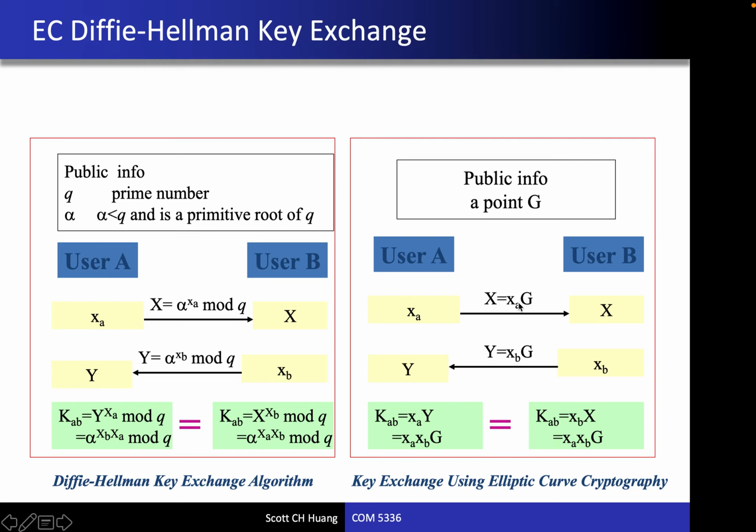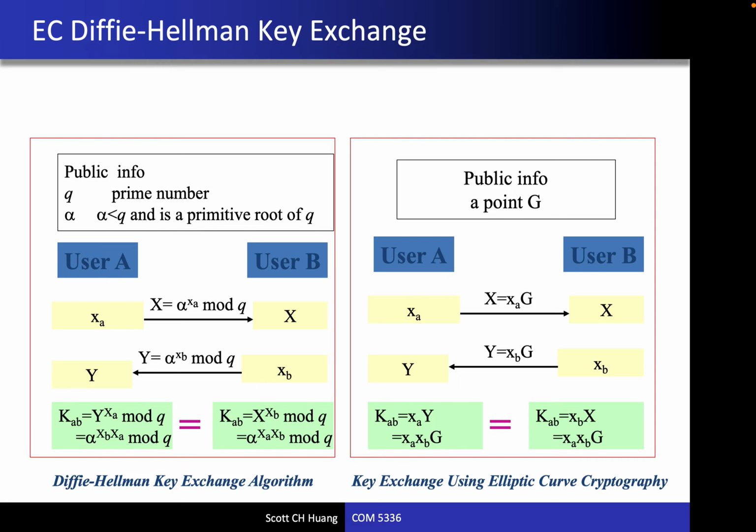And then this is a scalar multiple, right? We need to use the modified modular exponentiation algorithm. So that's user A. Okay, and user B, Bob, does the same thing. Okay, and then this is the shared secret, XAXBG. So the shared secret is a point on a curve. Okay, that's it.